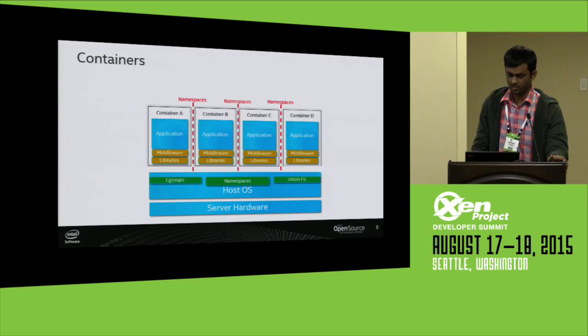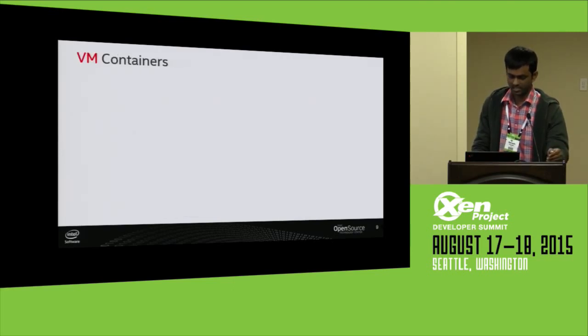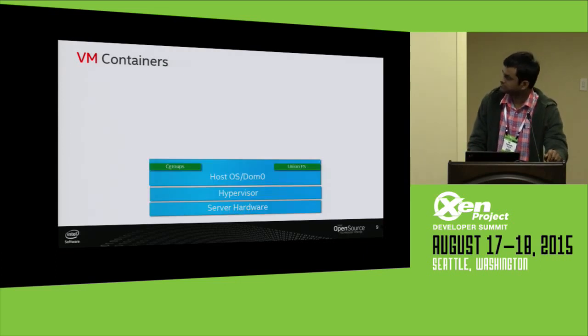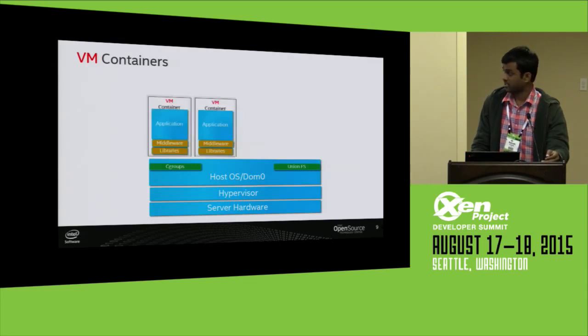But what can we do to run applications or containers in VMs? With VM containers, we need not have namespaces, because we use guests as isolation between two containers. As shown, each container is running its own VM here, and we can also group multiple applications or containers within a VM.